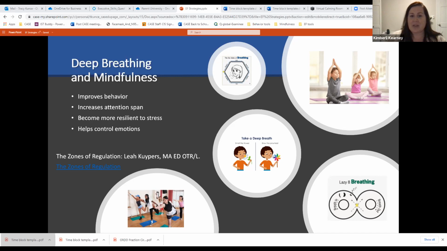Here are a few examples that I have. There are 2 breathing techniques highlighted here, the 6-sided breathing and lazy 8 breathing. These both come from the Zones of Regulation. It's another curriculum by Leah Kuipers. Is that right, Tracy? And they are 2 breathing techniques that have great visuals and are very simple for kids to follow.